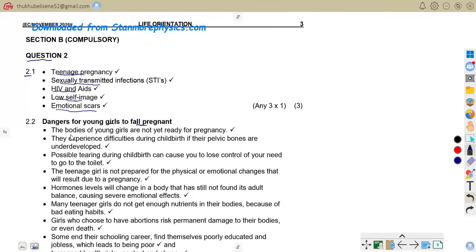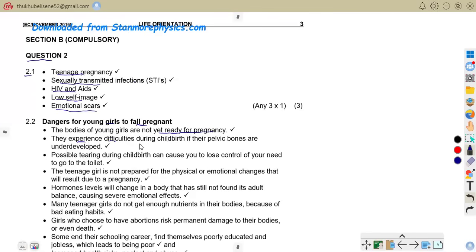It talks about the body: the bodies of young girls are not yet ready for pregnancy. Their bodies are not fully developed to carry a baby, which can cause health risks for both the mother as well as the baby.